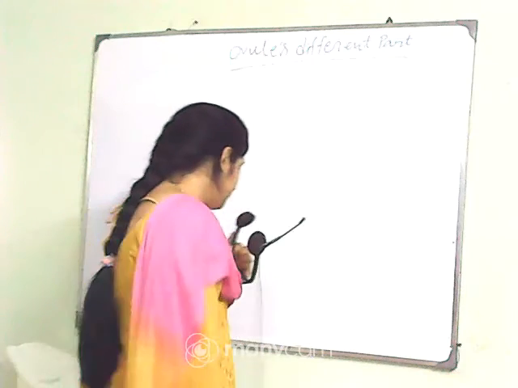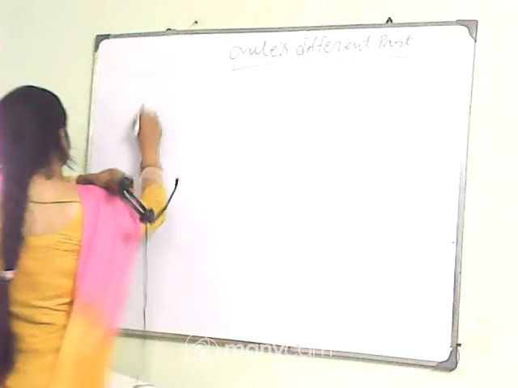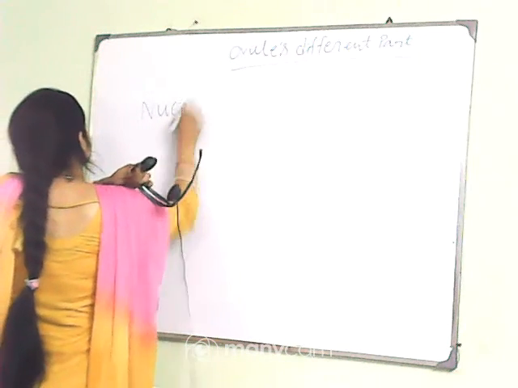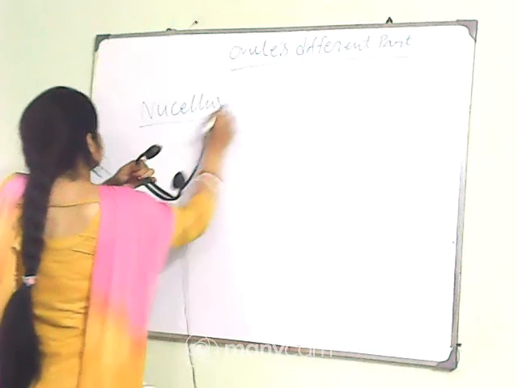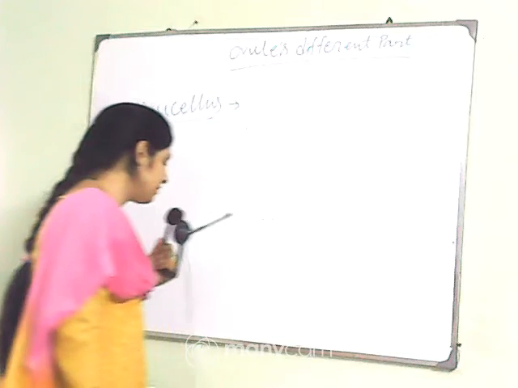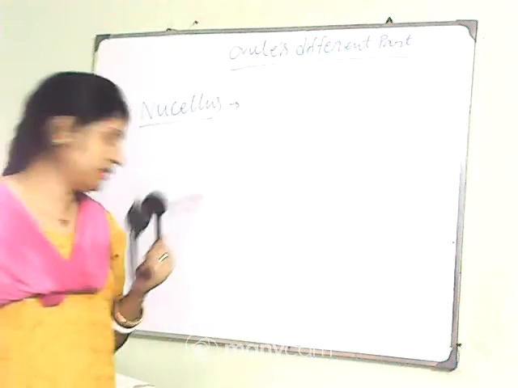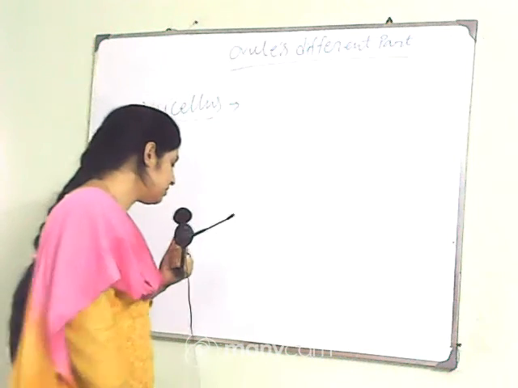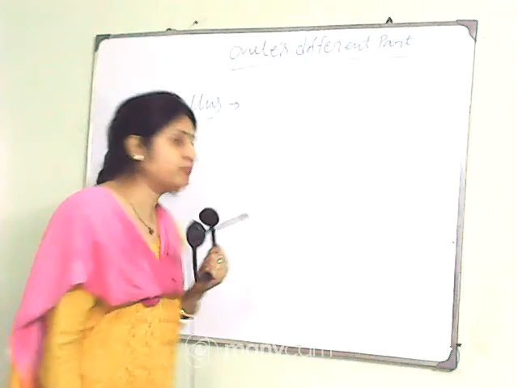Next, the nucellus. What is the nucellus? The nucellus is a mass of parenchyma cells enclosed within the integument. It has abundant reserve food material.